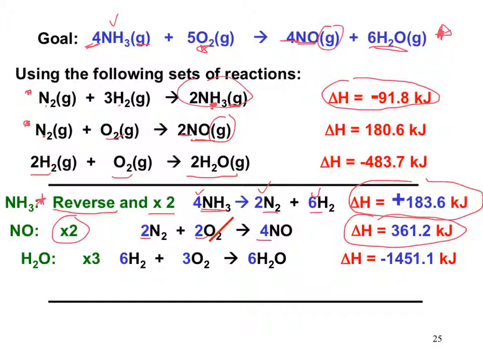However, the coefficients, once again, are off. In this case, we have a 6 in front of our H2O in the desired equation that we're solving for, and we have a 2 down here on the equation that we were given. So what we're going to need to do in this case is multiply through by 3. Once again, all the coefficients get multiplied through. Your delta H value gets tripled in this case, and then you can proceed to the next step.